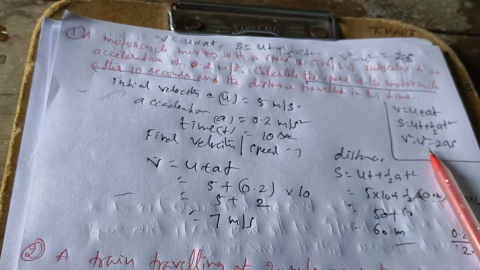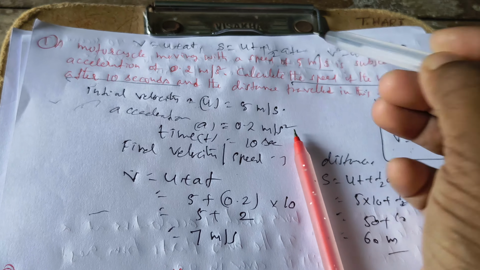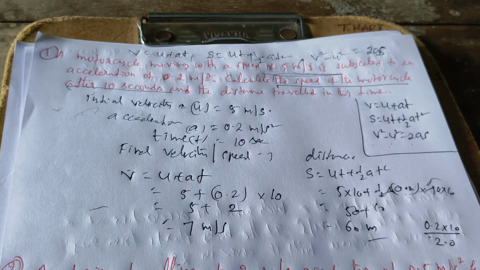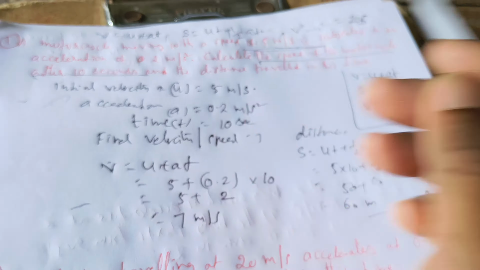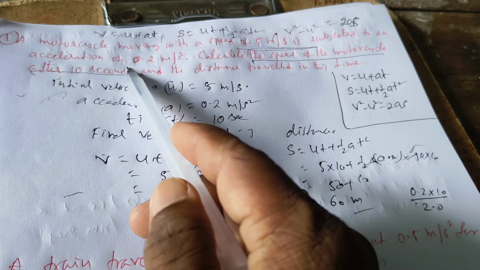In the problem, the initial speed is already given as 5 meter per second. Acceleration a is 0.2 meter per second square.